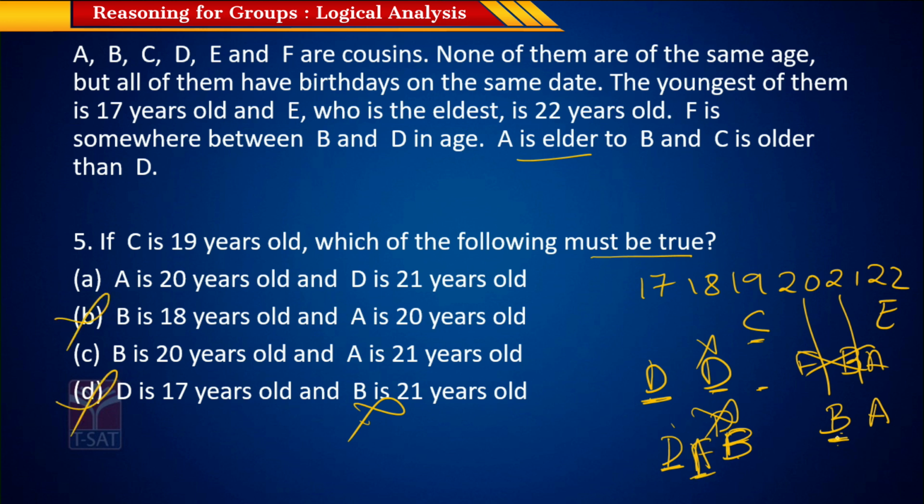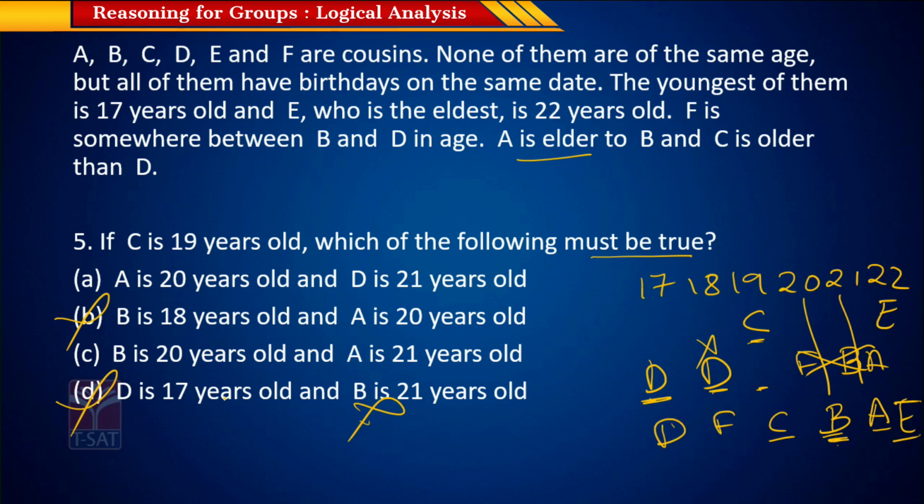And so let's see when B is 20 years old. B is 20, that is a possibility, we have checked. So we have B, A, E, C, and D will come here, and F will come here.